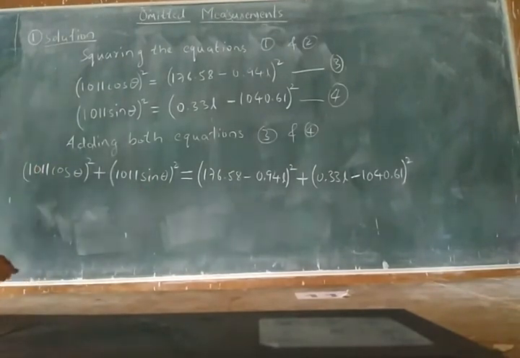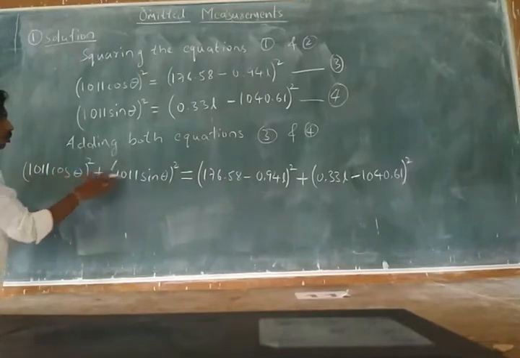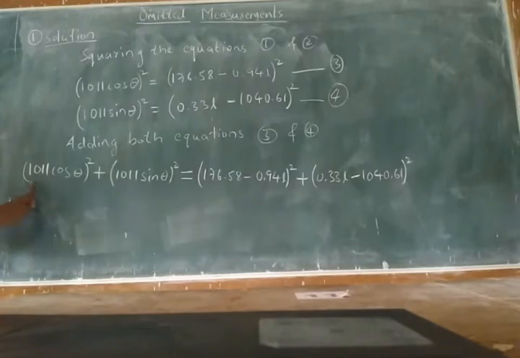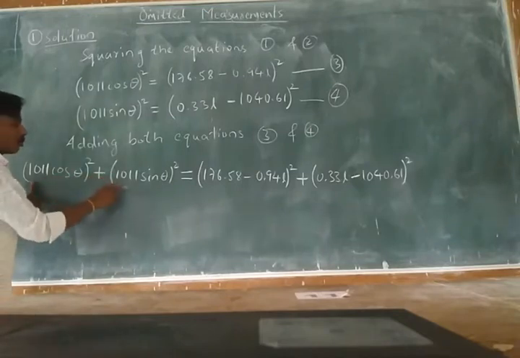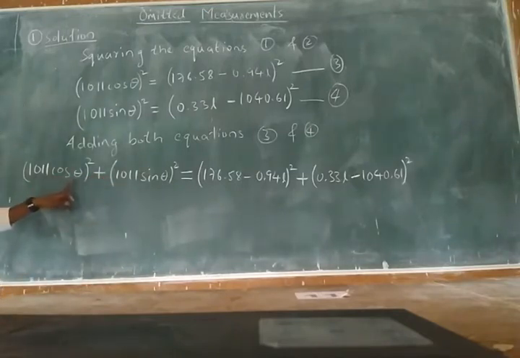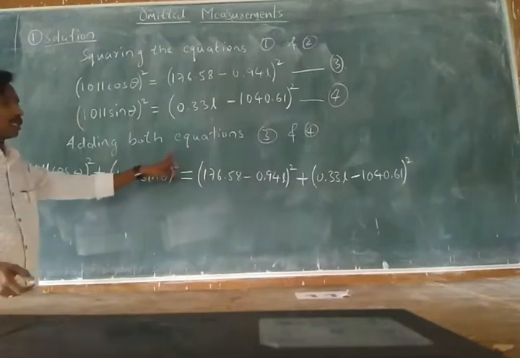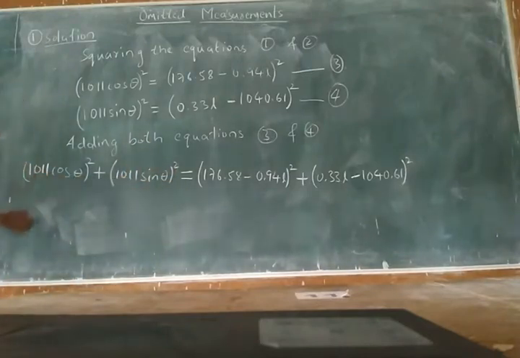So here you can see 1011 is common for both these numbers, and you can observe cos theta square, sin theta square. So take out 1011 as common. So 1011 whole square, because the square is applied on 1011 and also on theta.